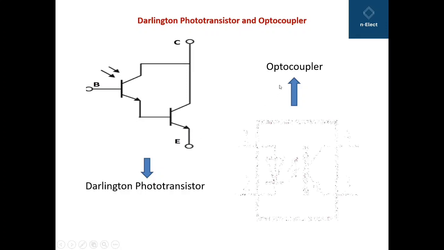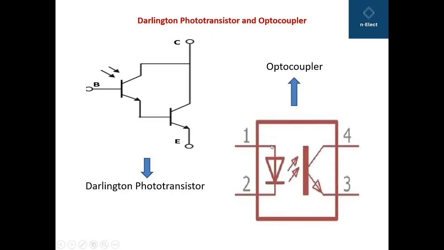In an optocoupler device, there are two basic components. One is the LED, which is a light emitting diode, and the light emitted from this diode falls on the base collector junction of this phototransistor. These two devices work together, and that's why it's called an optocoupler device.